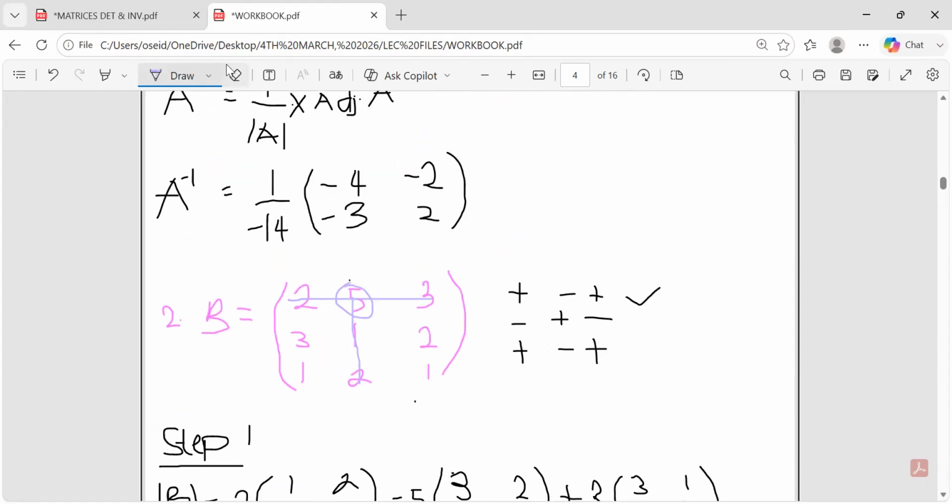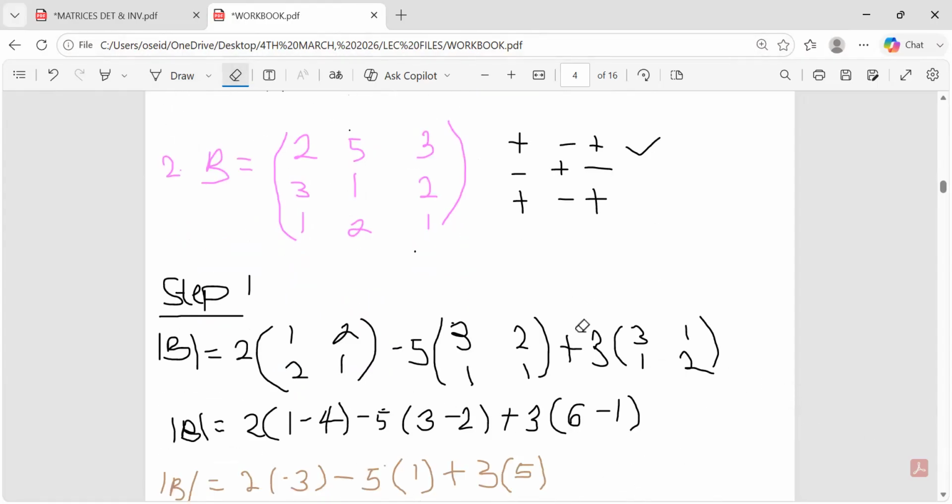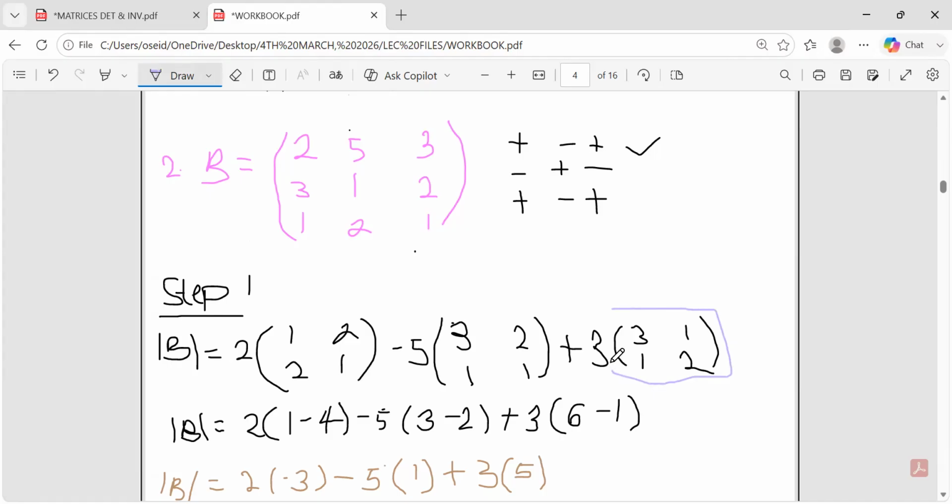let's take the last one, or better still, let's repeat this without the scalar.